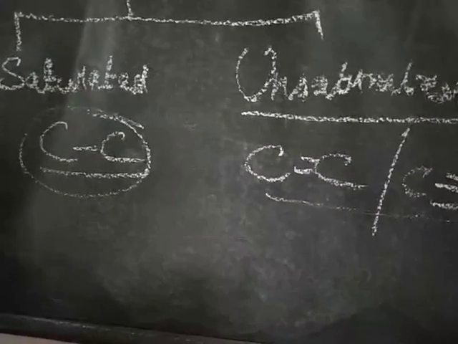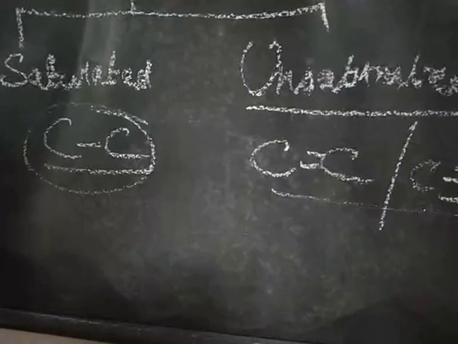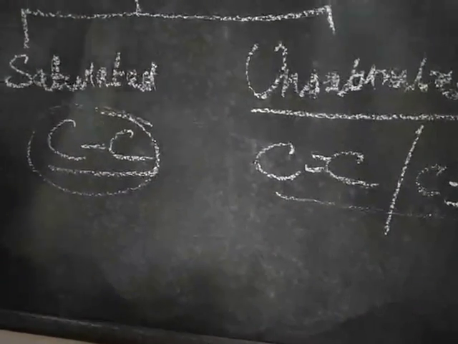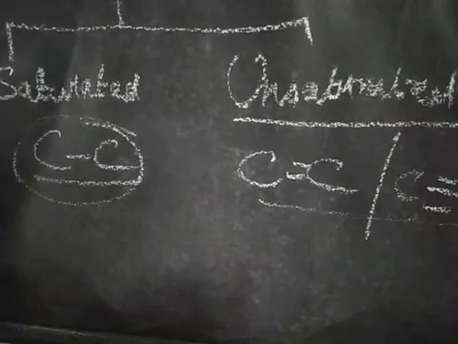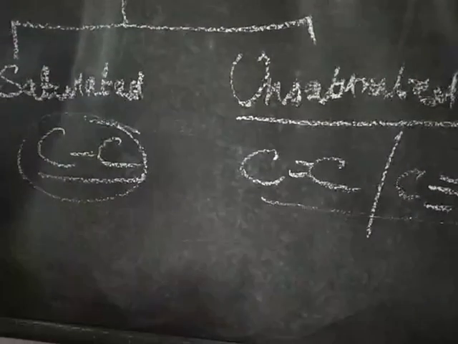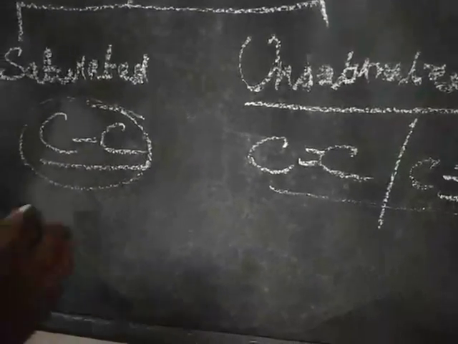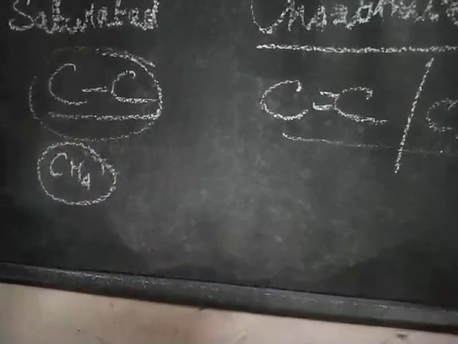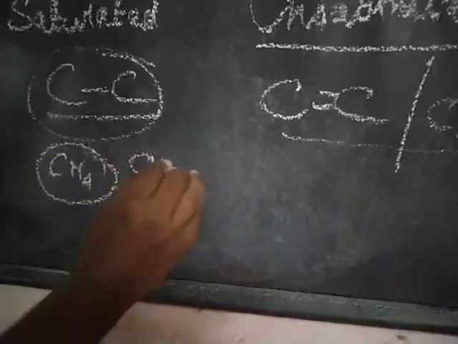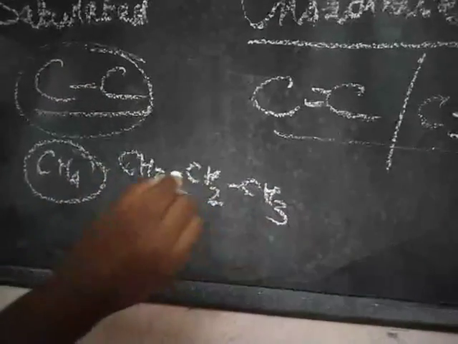If all the carbon atoms in the chain are connected by a single bond, then it is said to be a saturated compound. What is meant by unsaturated compound? If a double bond or triple bond exists between the carbon atoms, then it is said to be an unsaturated compound. For example, methane, CH4, or propane, CH3, CH2, CH3, carbon single bond.